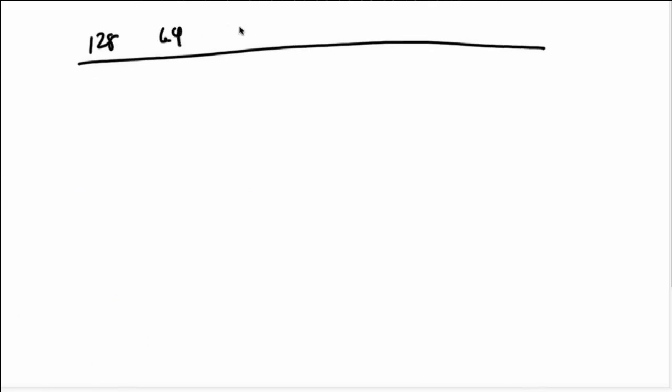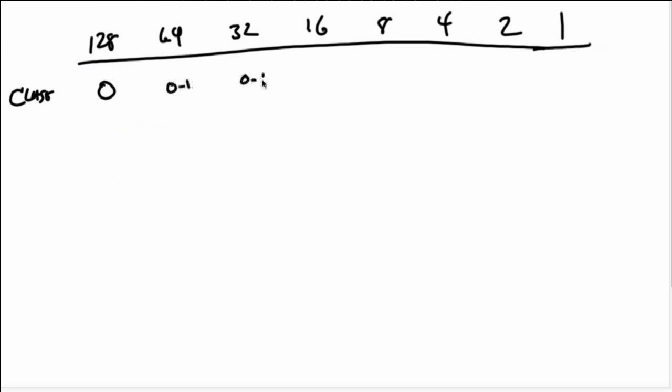New slide. Now remember, I told you that we would write out the places. So let's just do that. We'll do the one board. So it's going to be 128, 64, 32, 16, 8, 4, 2, and 1. Now for a Class A address, all they did was set this value to 0, which means these values could either be 0 or 1.